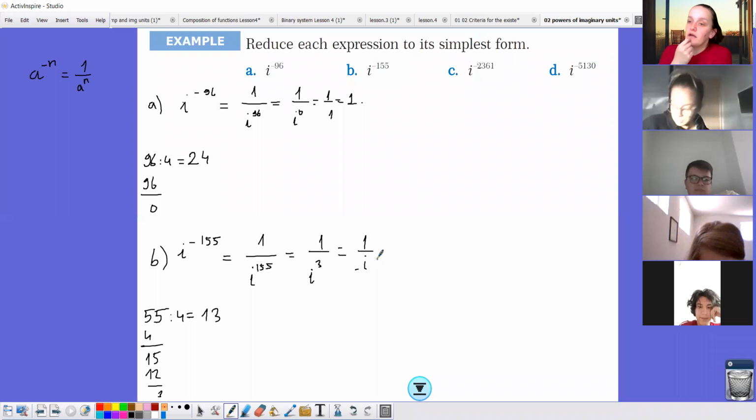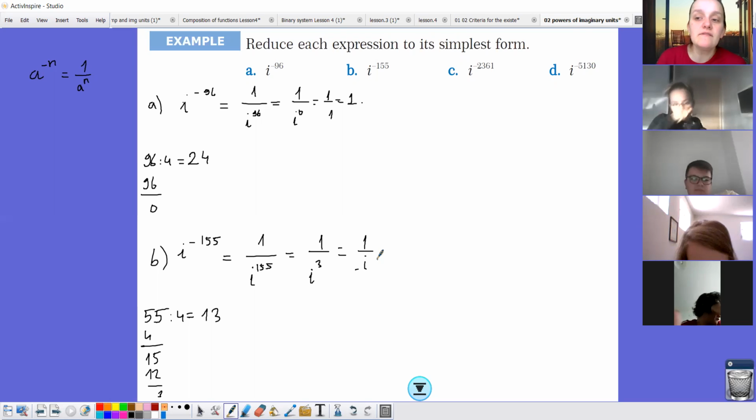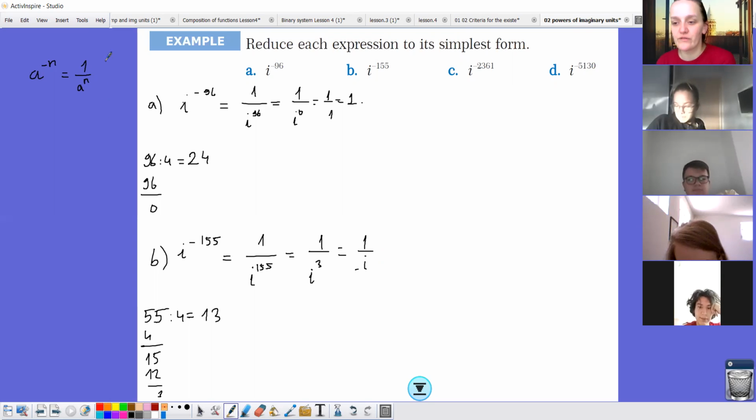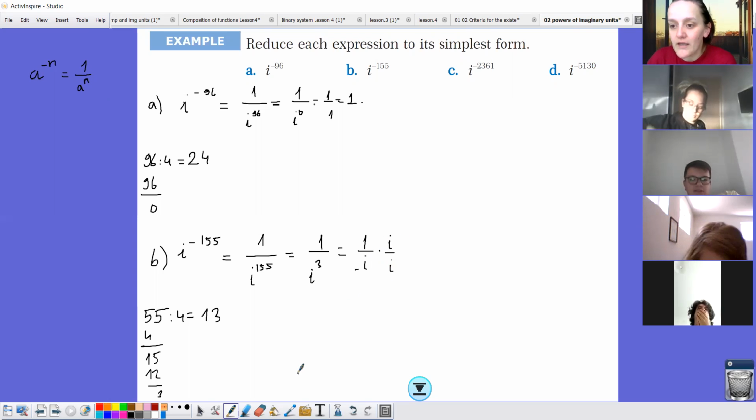In these cases, guys, when you have I in the denominator, we are not leaving it as I. Do you remember rationalizing the denominator? When we had a square root in the denominator, we were multiplying so as not to have a square root. You can multiply by minus I, or directly multiply by I over I to get I squared here. Then we'll have minus I squared.